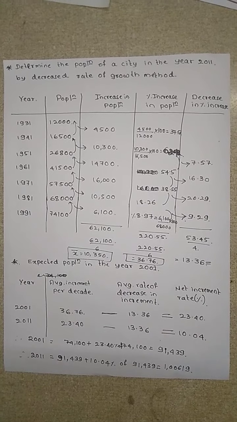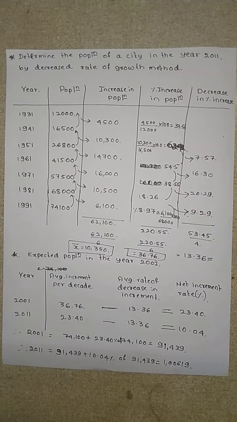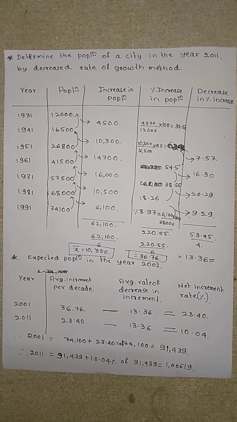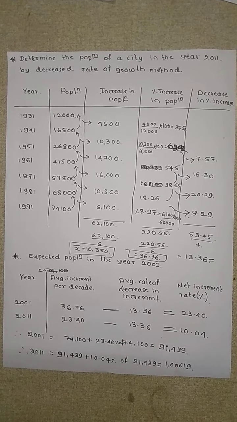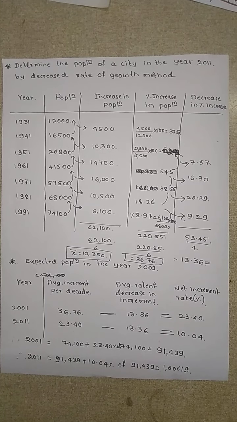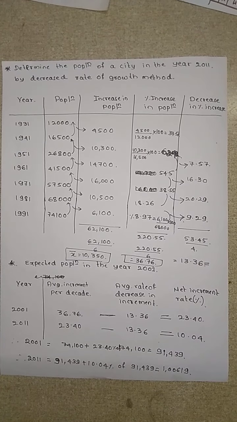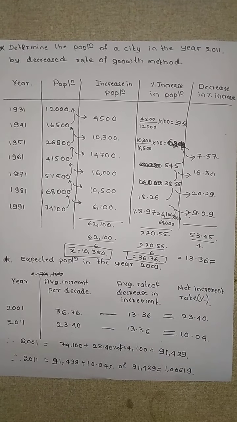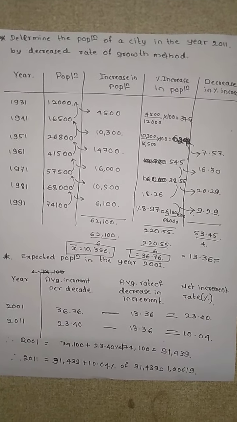The next method is the decreasing growth rate method. Since the rate of increase in population goes on decreasing as cities move towards saturation, this method makes use of the decrease in percentage increase. It is used many times and gives quite good results.